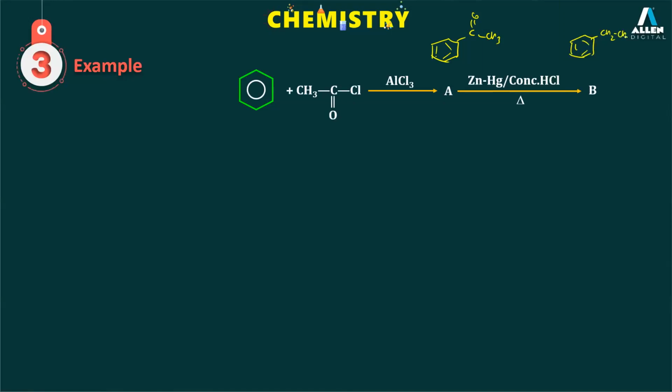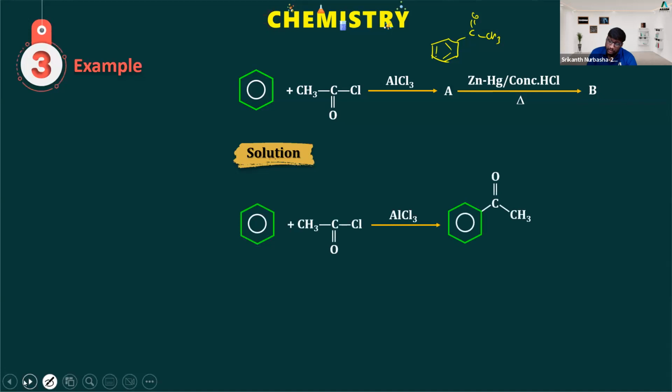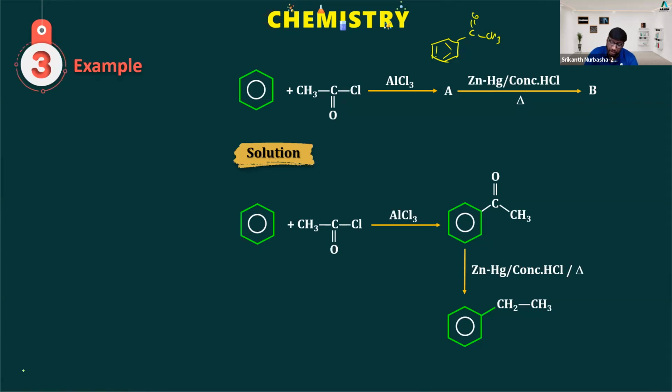So CH2CH3, ethyl benzene, is obtained. It cannot be phenol; in the presence of phenol you would have OCH2CH3. So ethyl benzene C6H5CH2CH3 is obtained.